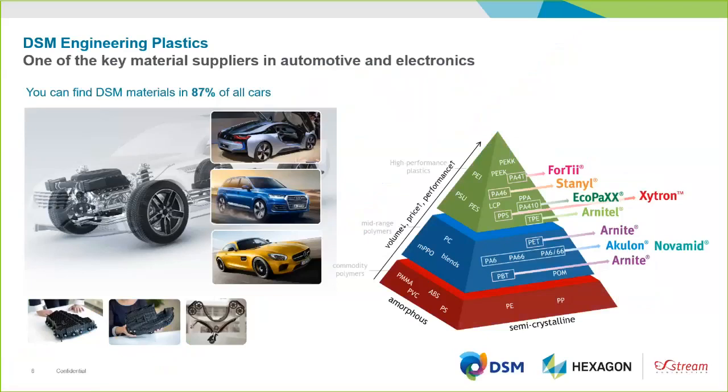And I mainly am active for DSM Engineering Plastics, which has sites of production and R&D around the world, and is mainly active in automotive and E&E segments. And we market our products, the semi-crystalline resins, ranging from PBT to the specialties like the PA46 and PA4T.